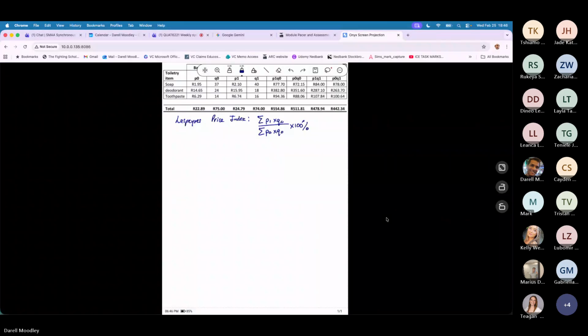So that's for the Laspeyres price index. What I emphasized earlier is that if you look at your Qs, they're the same. That means we're looking at the base year, keeping the quantity constant.